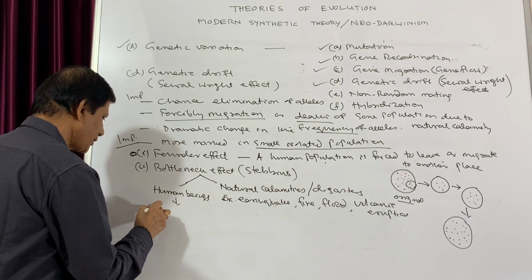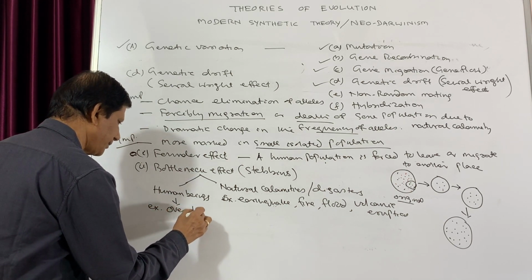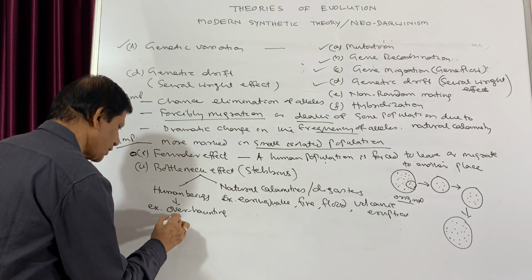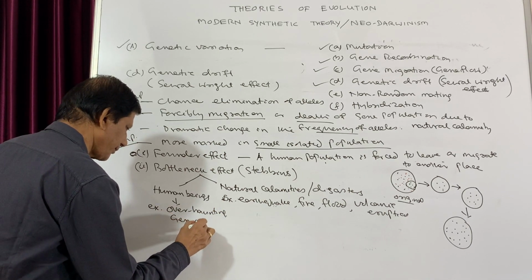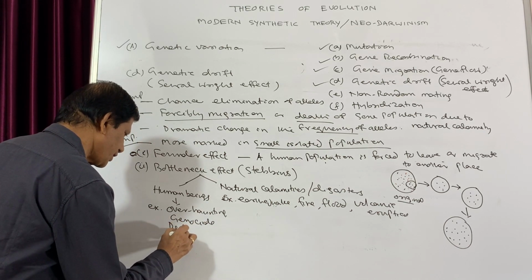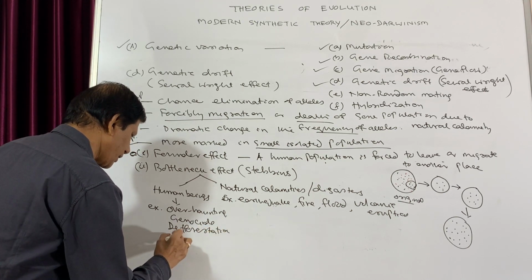What are the examples? One of the examples is overhunting. This is also one of the causes. The second is genocide. The third one you can call deforestation. Then it may also be due to pollution.